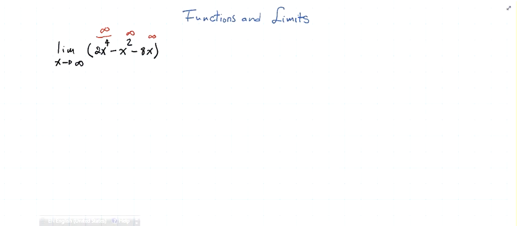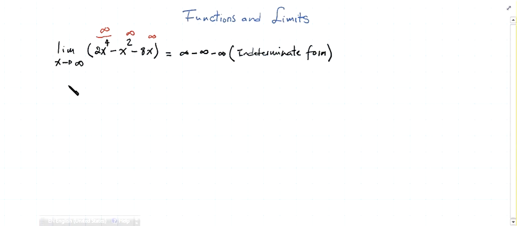So the result would be infinity minus infinity minus infinity, and this is what is called an indeterminate form. So we cannot give the limit at this stage.